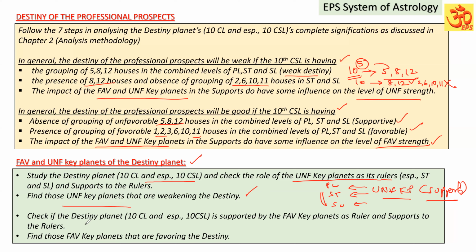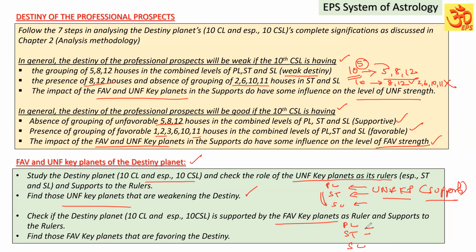And similarly, check if the destiny planet is supported by the favorable key planet as rulers and also supports to the rulers. How we studied for the unfavorable, similarly, check the 10th cuspal sublord planet in the star level and sublevel planet. Of course, the 2nd level and star level of the sublord also can be considered.